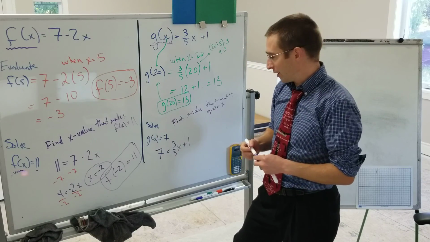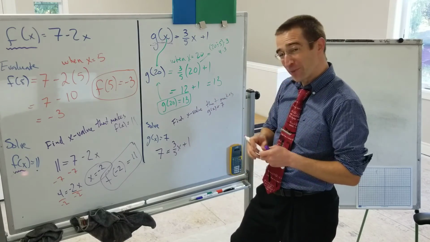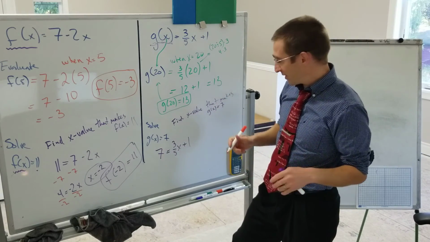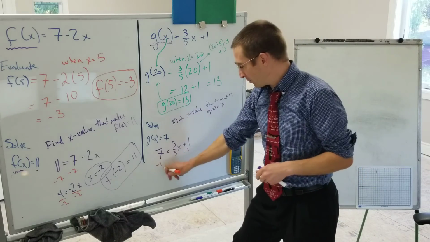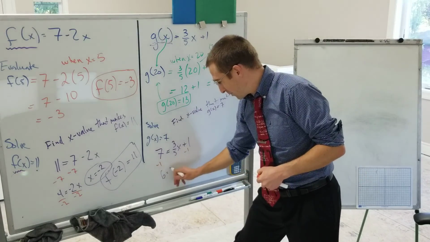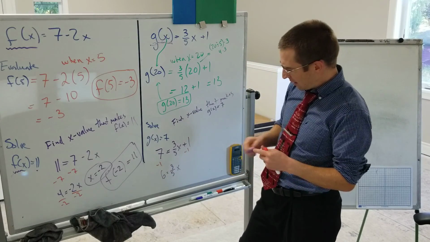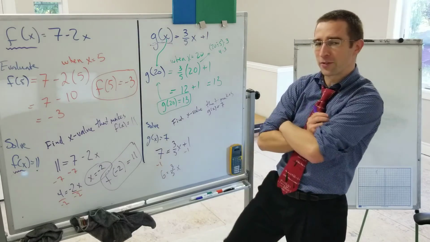This number's going to turn out great. Okay, well, we got to solve this. So we're going to go minus 1, and we get 6 equals 3/5 x. And now I need to undo multiplying by 3/5.